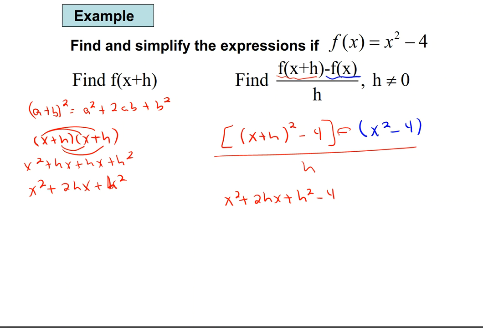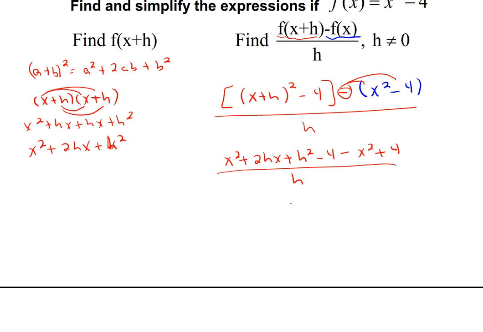Now I need to distribute this minus to each one of these. So it changes those signs so that positive x squared becomes minus x squared and that minus 4 becomes plus 4, all over h. Again, from there, we want to combine our like terms in the numerator.